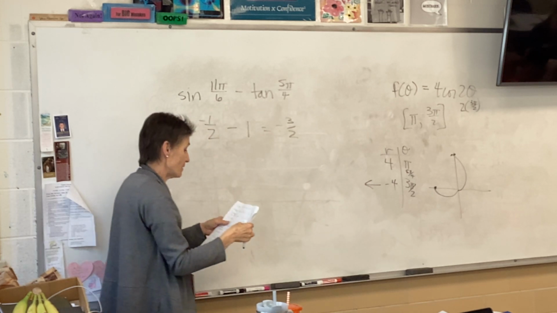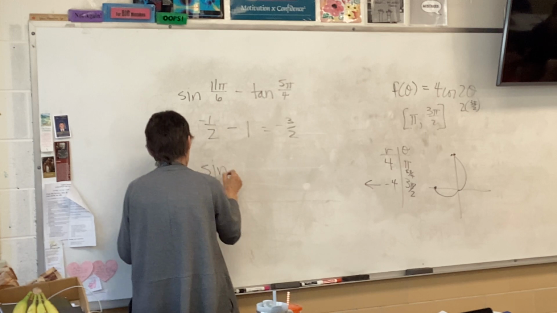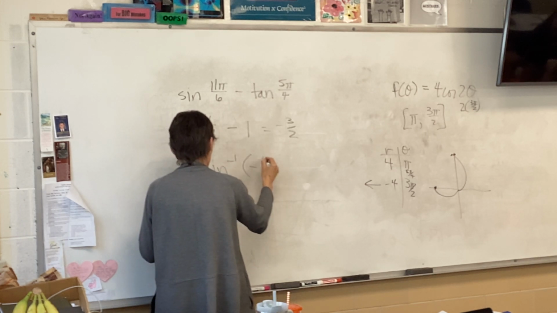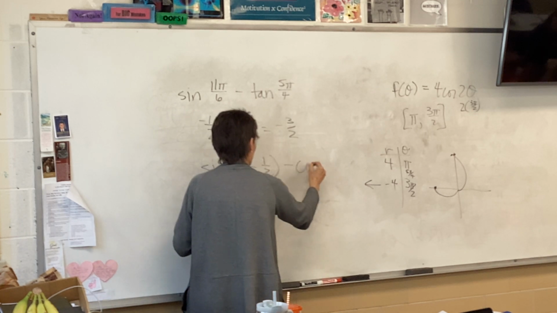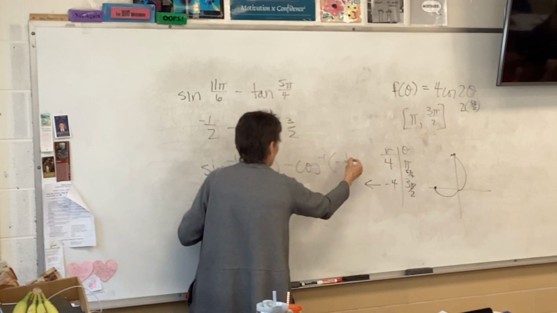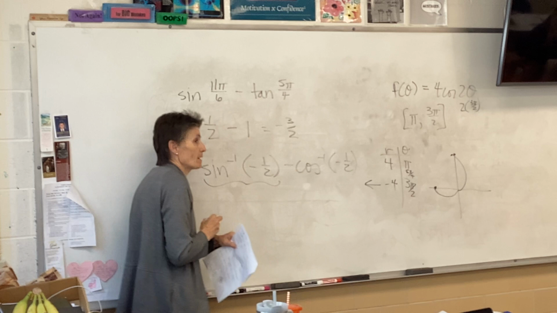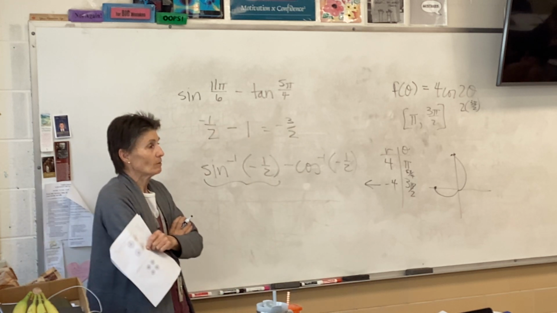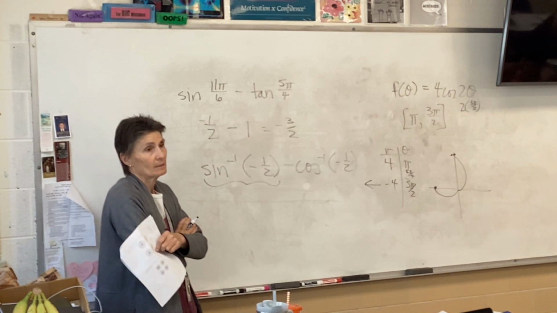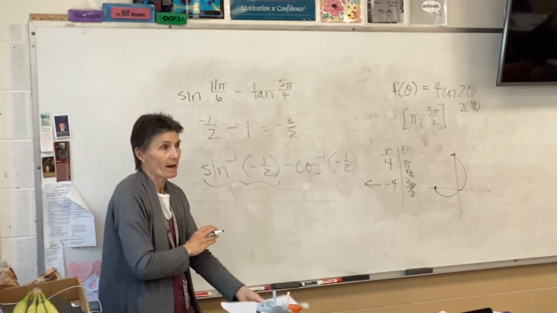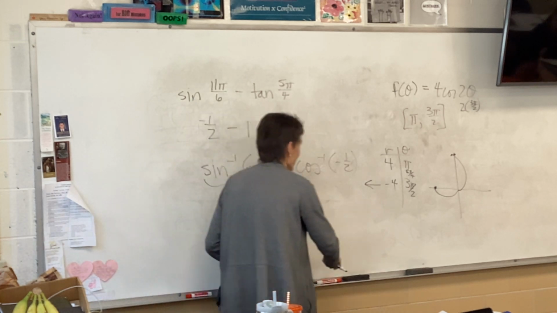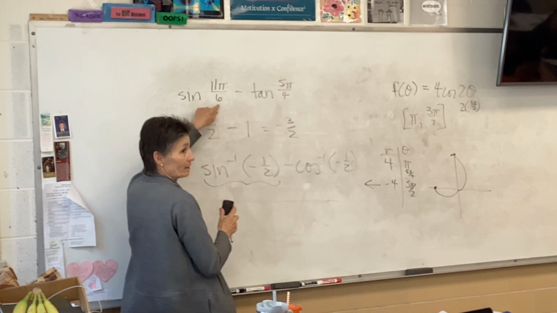All right, and then D should have been this. This is the way that should have been written. So sorry about messing you up. That's how that should have been written. What is the angle whose sine is negative 1/2? Now, remember, guys, it is not 11 pi over 6.